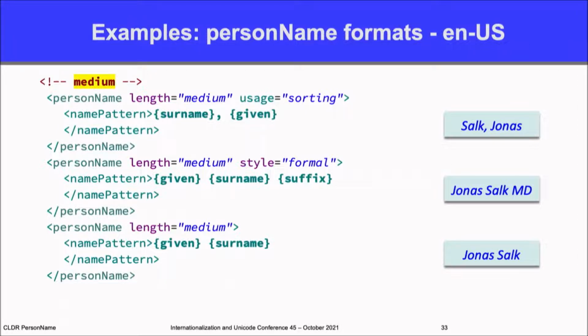You would not have someone as Dr. Salk, MD, because of the redundancy. When you speak to the person, you say, glad to meet you, Dr. Salk. I wouldn't say, glad to meet you, Salk MD. But I would refer to them on a list, statements and so on, that this is Jonas Salk MD. I'm referring to the individual.